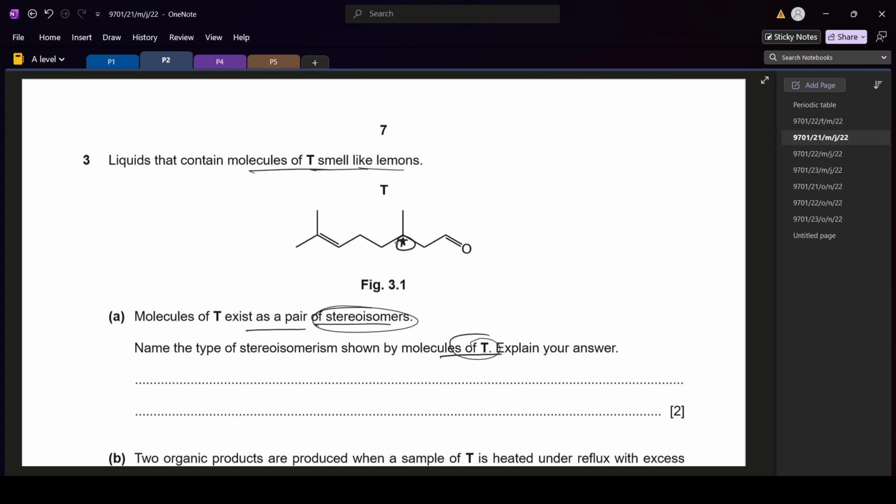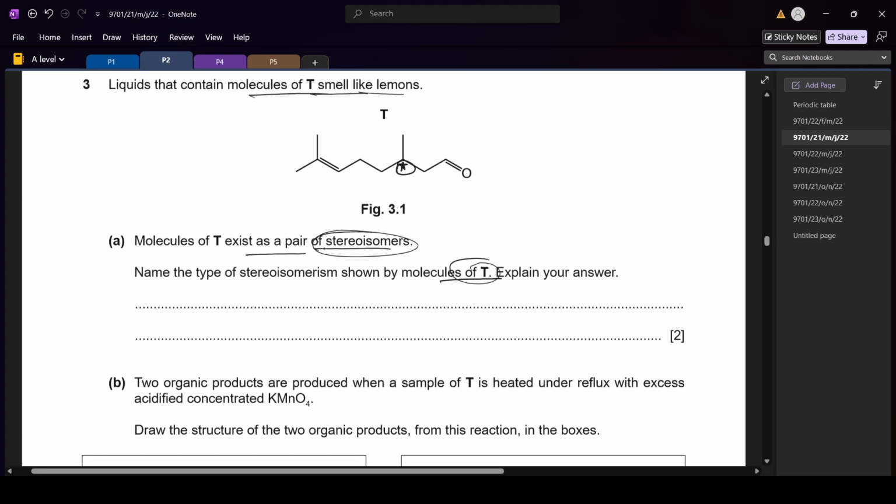Okay, and it also has a double bond, but it cannot show geometrical isomerism because you can see that there are the same groups attached on the carbon in the double bond. So it cannot show geometrical isomerism, but it can show optical isomerism because it has a chiral carbon.